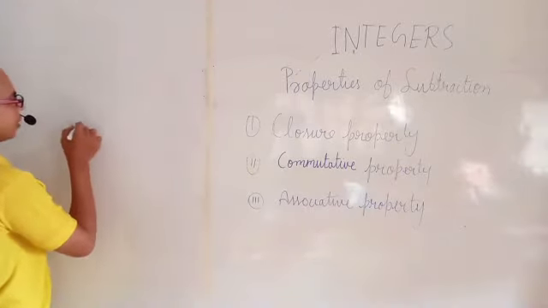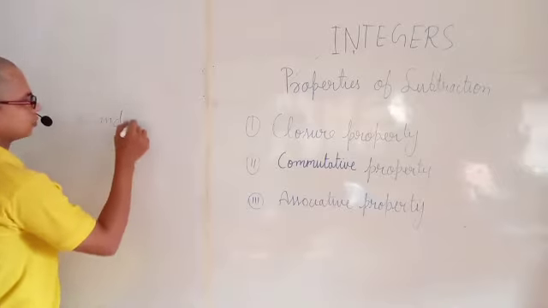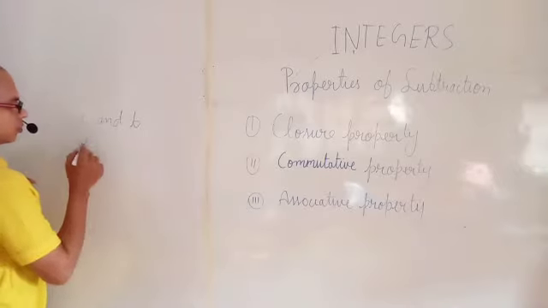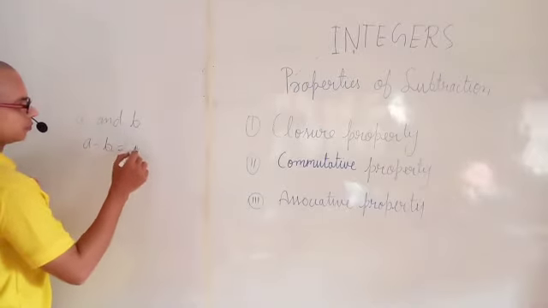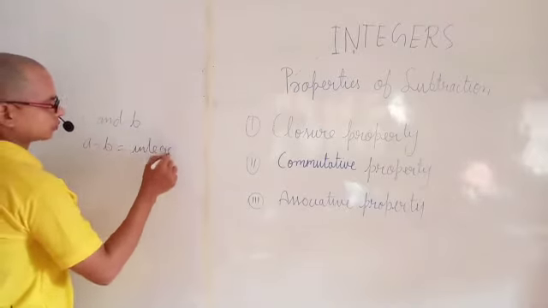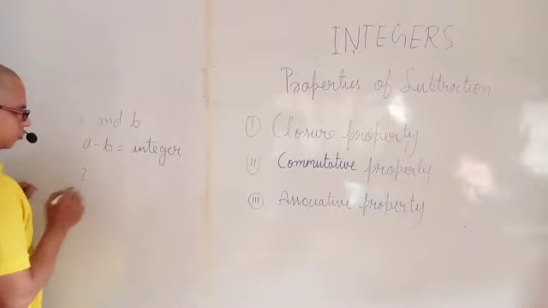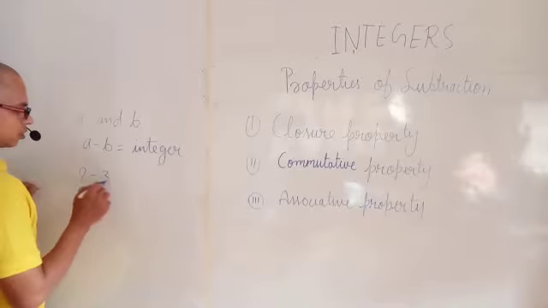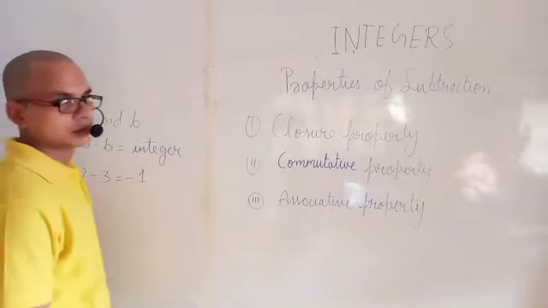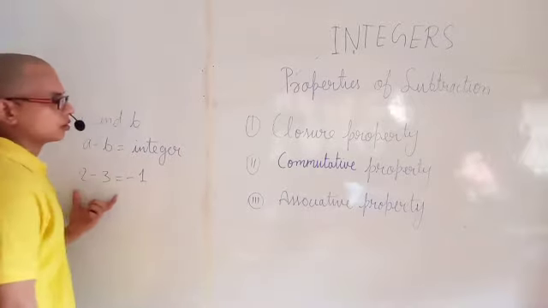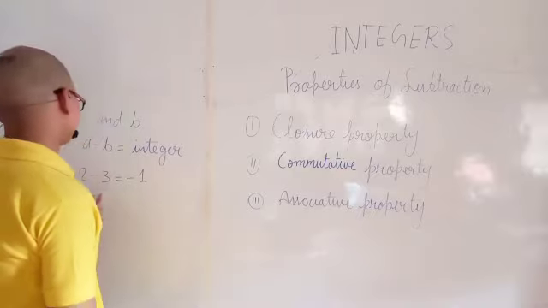If we have two integers a and b, then a minus b will also be an integer. For example, 2 minus 3 gives minus 1, which is an integer. So closure property is suitable for subtraction also.